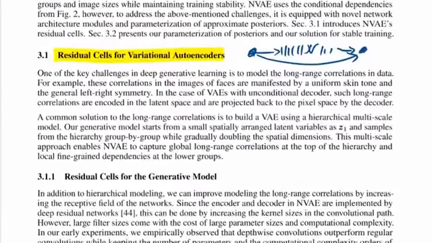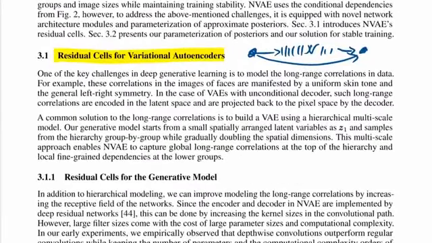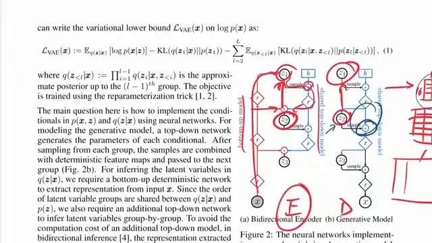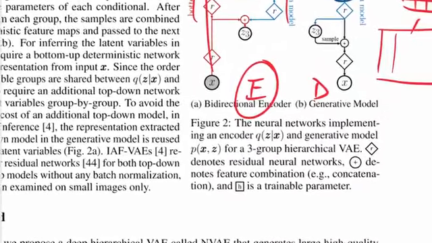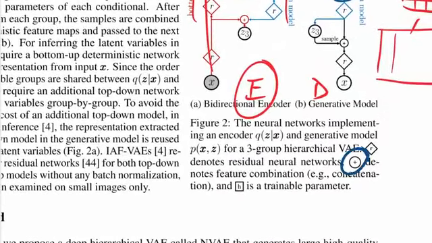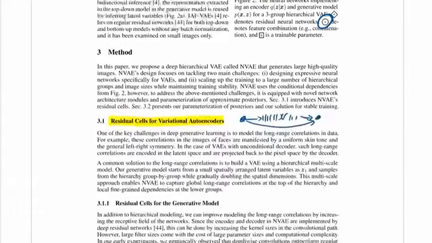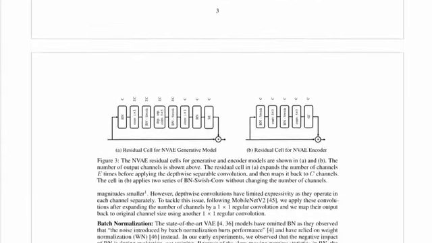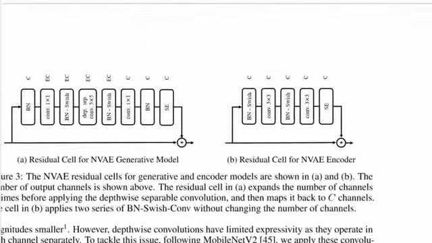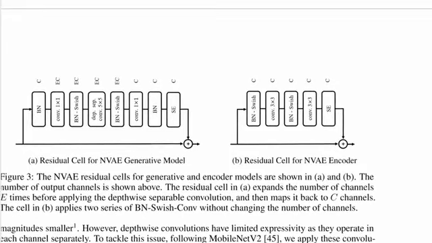So it's really an additive model in a hierarchical fashion. Okay, the pluses can also be combinations, I guess. I might be wrong. In any case, they use residual networks in a lot of cases in their generator and in their encoder.